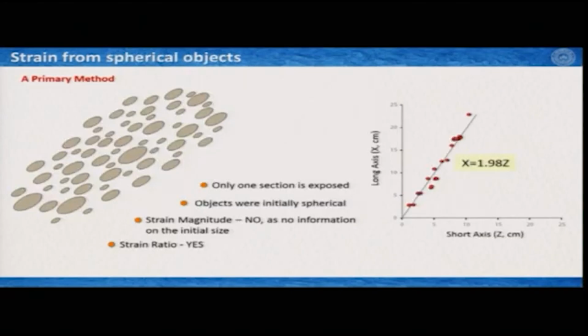Now if I have some spherical objects which are exposed only in one surface, that means you do not see them on the other sides of this rock, then they can deform to form some ellipses.